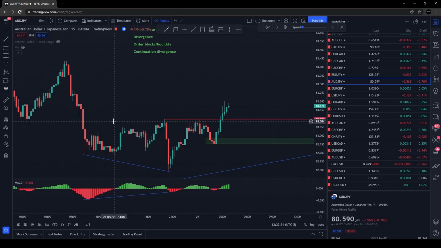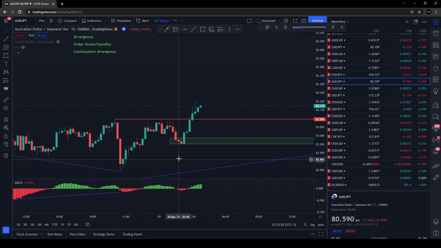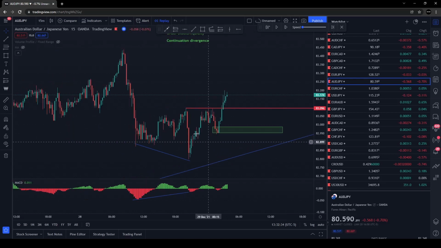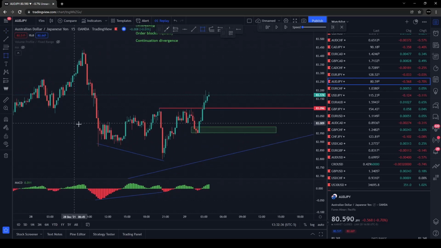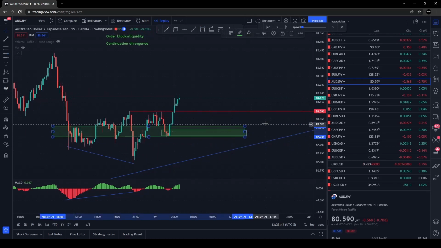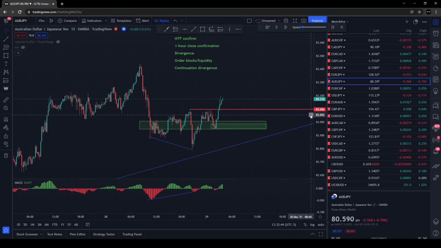I have not covered order blocks yet, but I am going to cover them in this section of the advanced course. We're going to go over that soon, but basically I'm going to look for two things: an order block, and an area of liquidity. As you can see right here, there are lots of wicks going on. So this is my area that I'm going to look to enter, and that confirms with me a nice price where I want to enter.